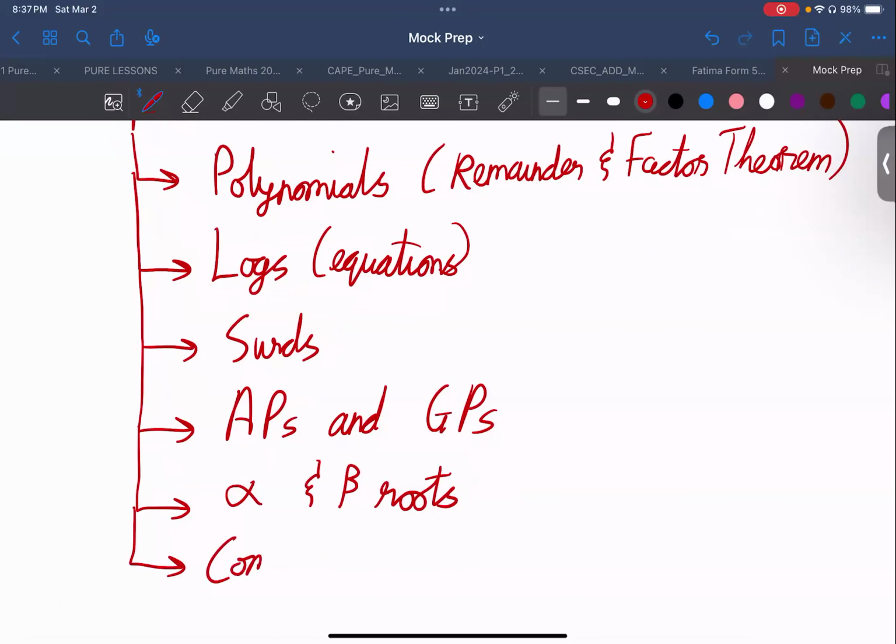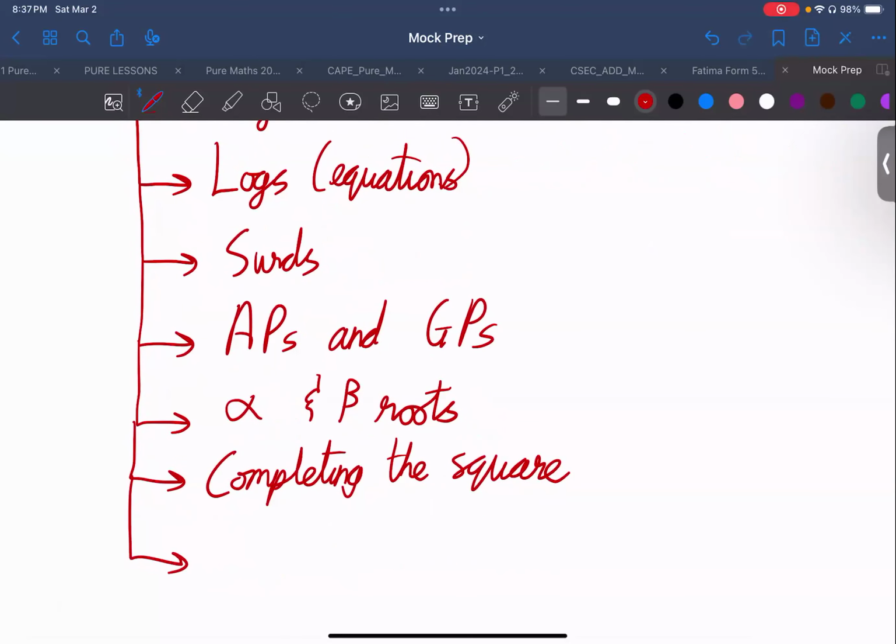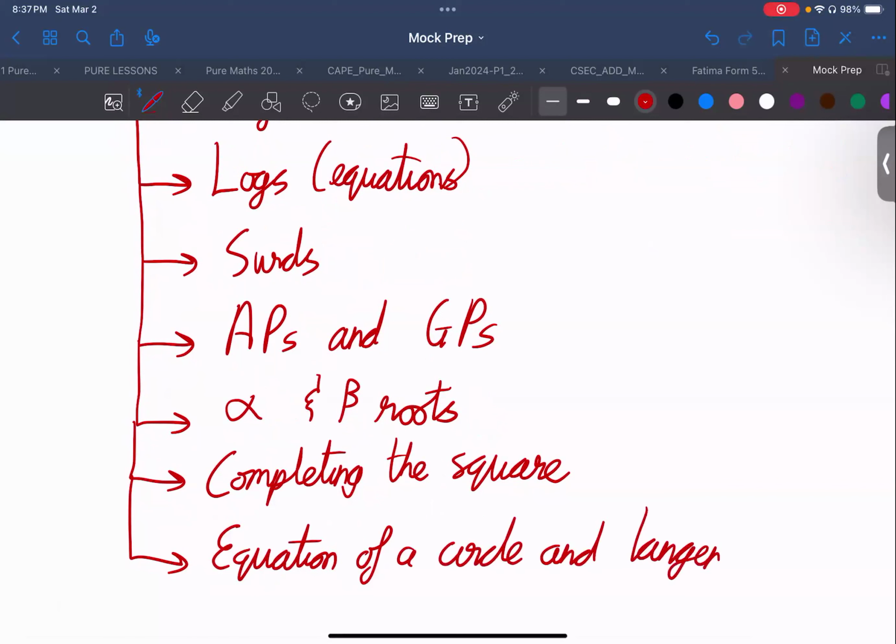Completing the square. What else? Equation of a circle, and tangents and normals to circles.